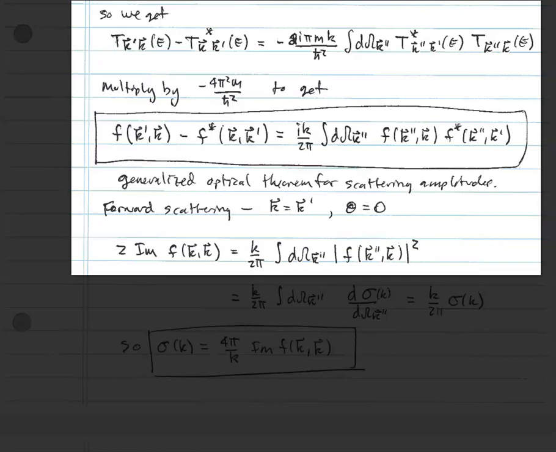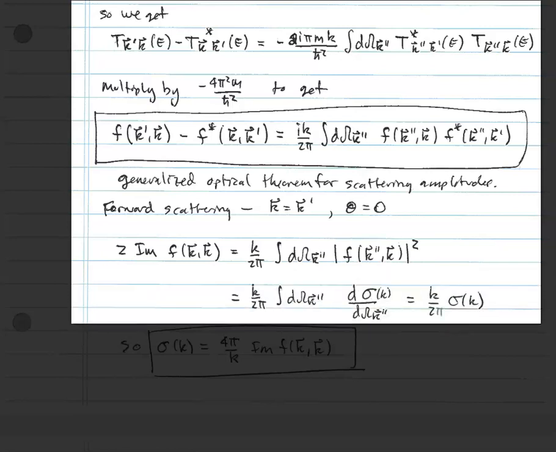There's an i there, but I'm going to cancel the i from both sides. And then on the right-hand side, I'll be left with k over 2 pi integral d omega k double prime of the modulus of f of k double prime k, because when I set k prime equals k, you see that becomes the modulus of f of k double prime k squared.